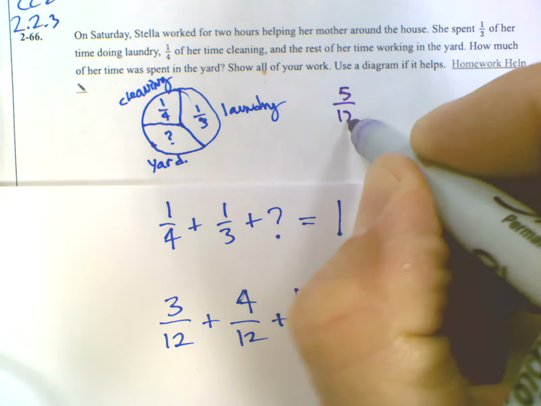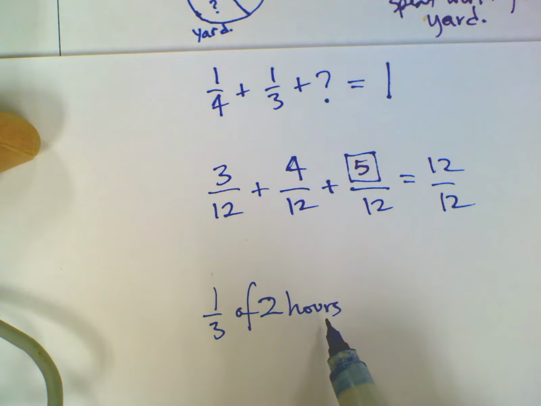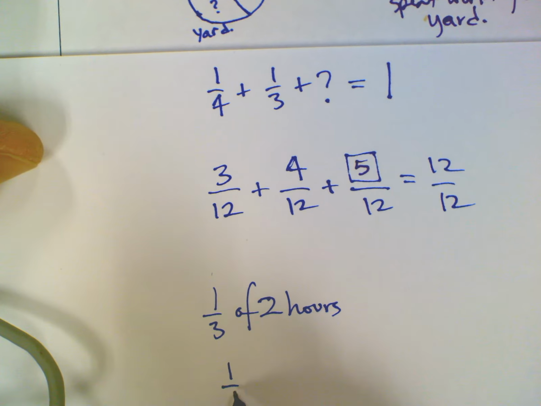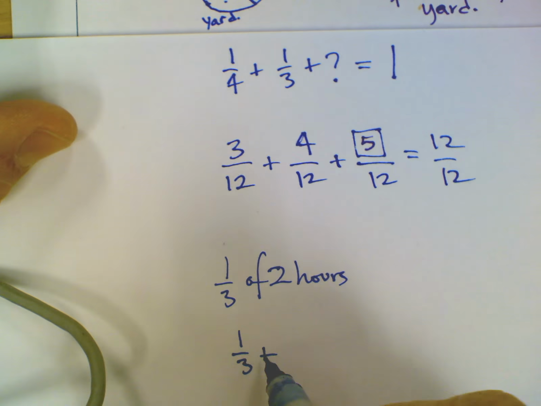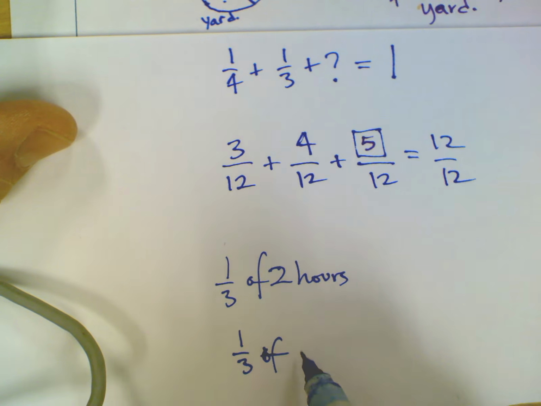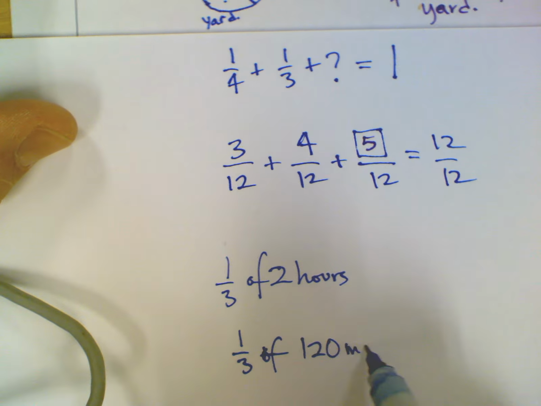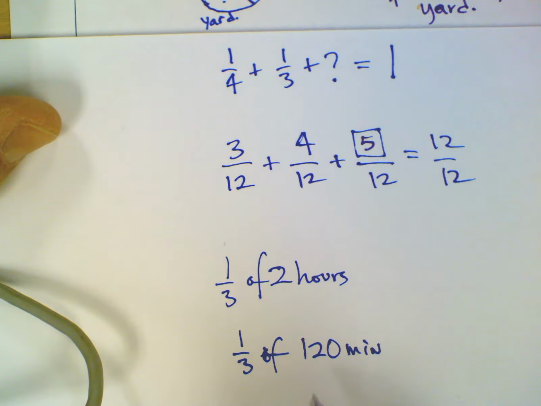In order to come up with fractional time, instead of thinking about hours, it might be better for us to think about minutes. So how many minutes are in an hour? Well, there's 60 minutes. So instead of 2 hours, I'd say 120 minutes. Because that math, we can look at 1/3 of 120.